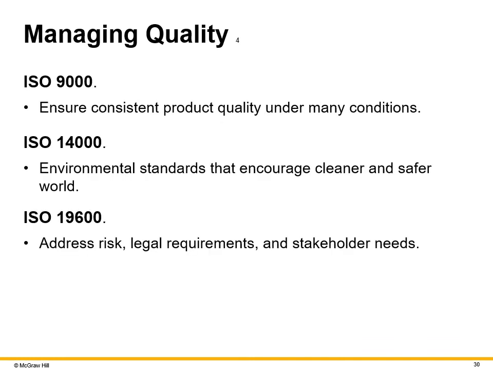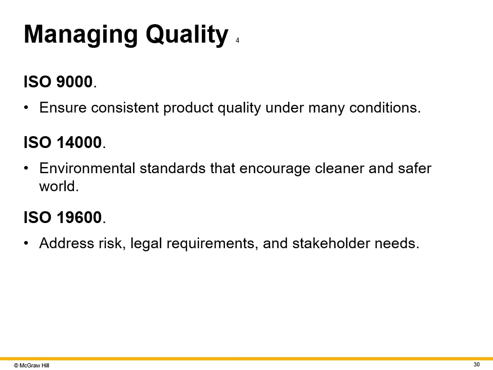ISO 9000 is a series of quality assurance standards designed by the International Organization for Standardization to ensure consistent product quality under many conditions. The standards provide a framework for documenting how a certified business keeps records, trains employees, tests products, and fixes defects. Certification has become a virtual necessity for doing business in some high technology businesses.